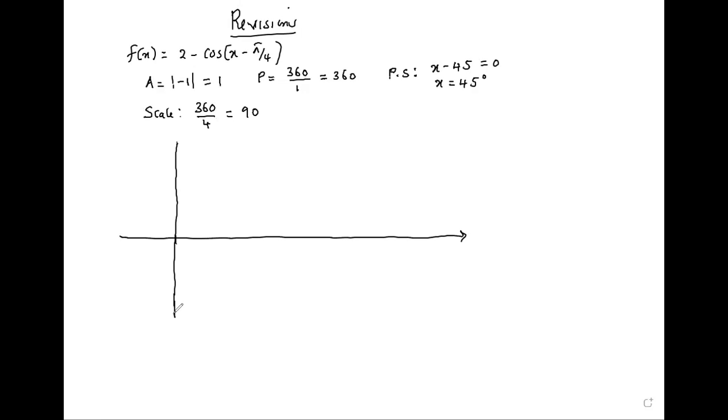To sketch, we start from the first shift, from 45, and add the scale. So add 90. What is 45 plus 90? 135. Plus 90, 225. Plus 90, 315. Plus 90, 405.